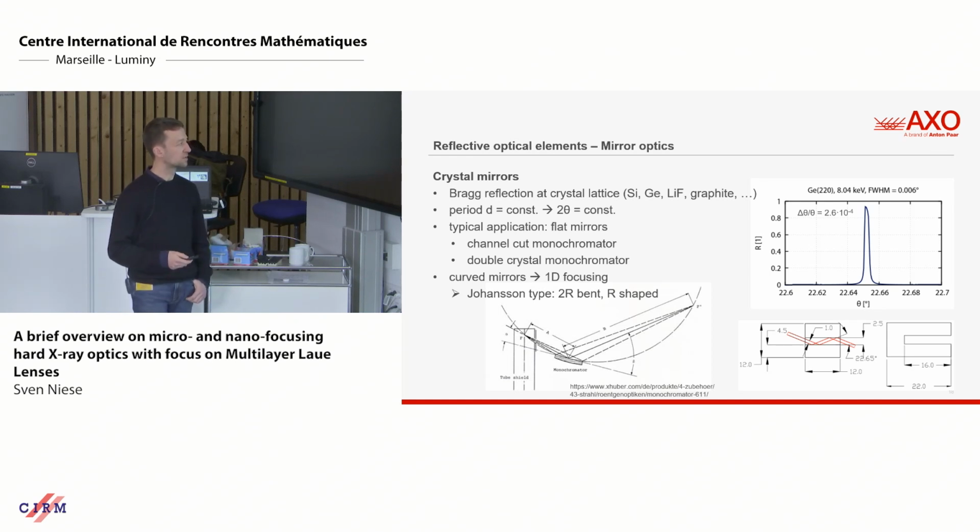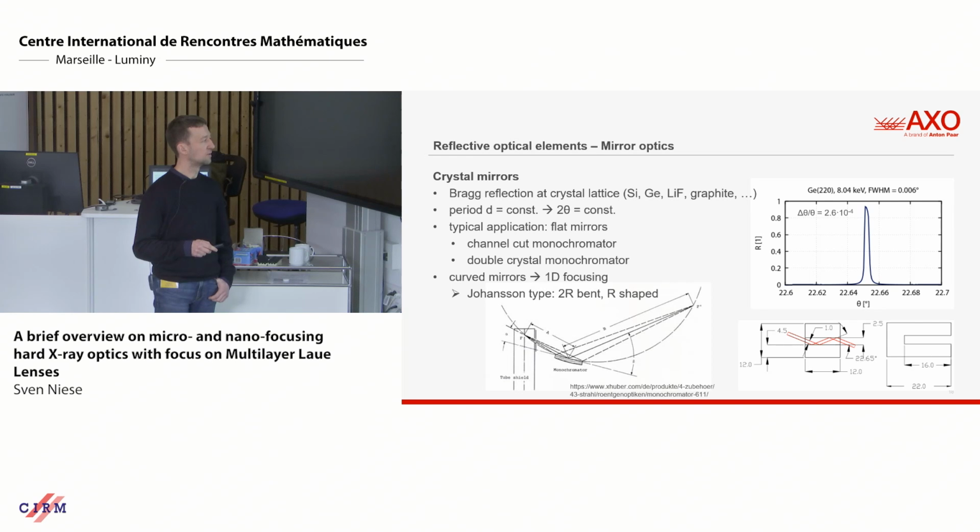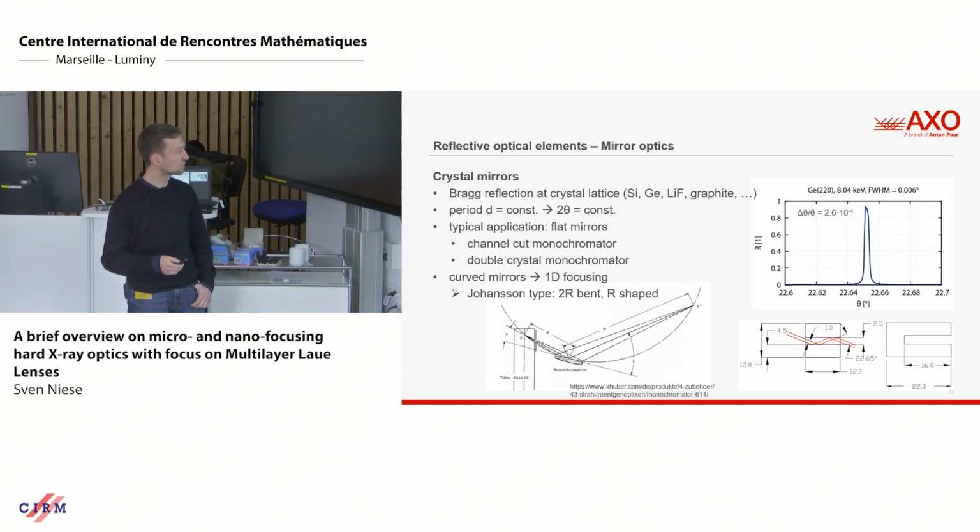There's the Johansson type monochromator, which you can use to focus the X-rays from a line focus X-ray tube to another line by fabricating a crystal that's bent to 2R and shaped to R. If you do the geometry, it all leads to a focusing to a secondary line focus.